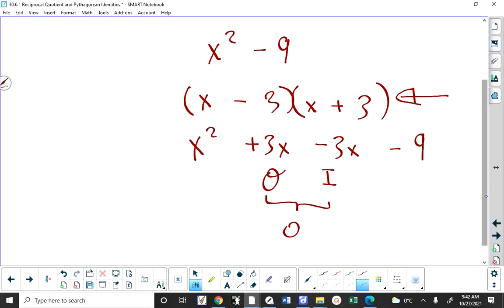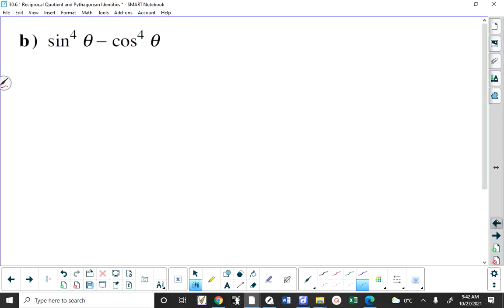Okay. So now, I forget who asked about this question. Zebi. Is sine to the 4 of theta a perfect square? Can you square something to get sine to the 4? Yeah, and what you square to get sine to the 4 is sine to the 2.